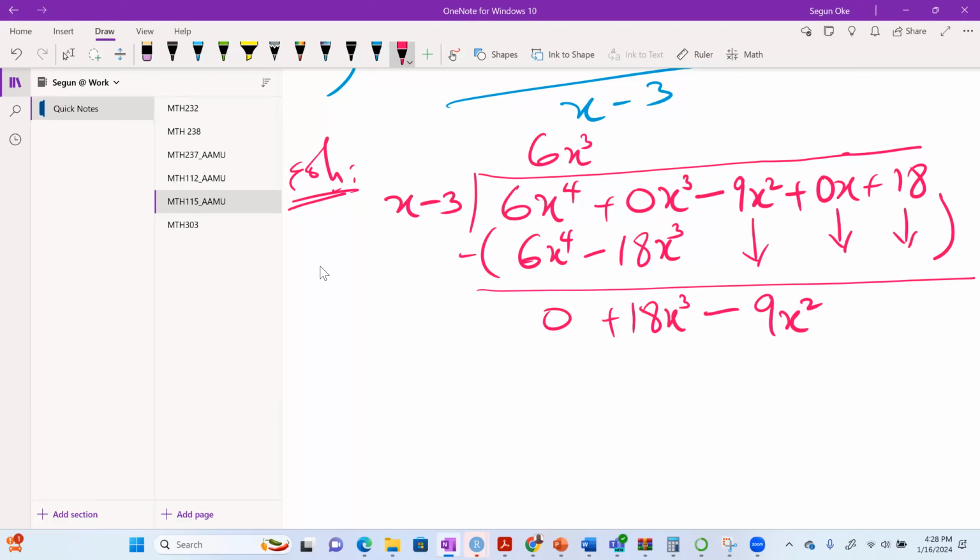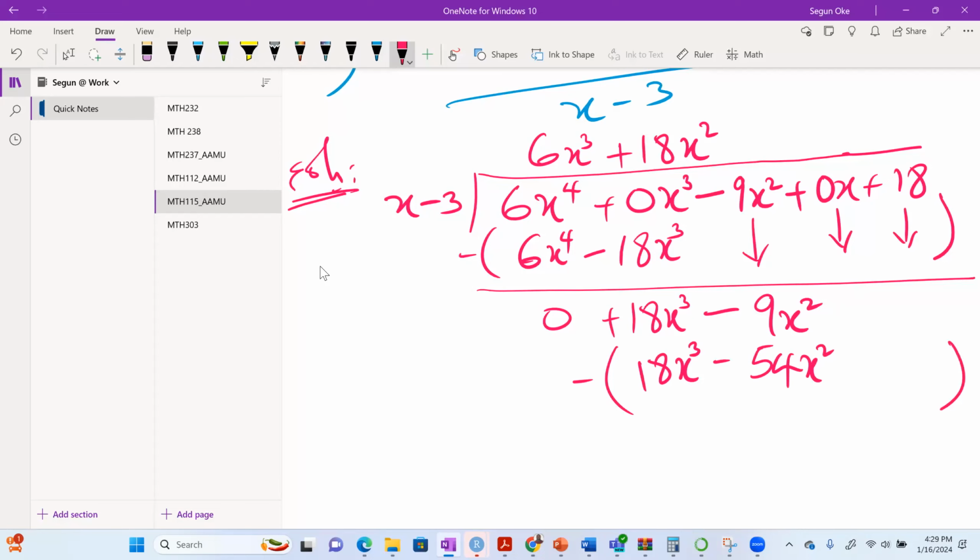Then I can go ahead and check how many x is it? 18x raised to power 3 is going to be plus 18x squared. 18x squared multiplied by x will give me 18x cubed. 18x squared multiplied by negative 3 will give me minus 54x squared.